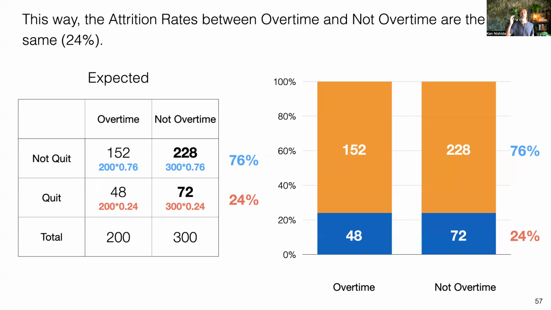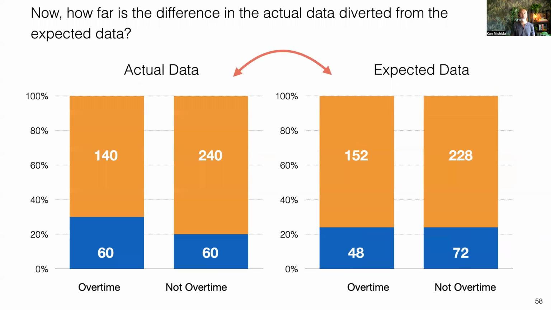Now we know the number of people in each cell. Once we have these numbers, we have the actual data and the expected data. Then, how far does the actual data diverge from the expected data?